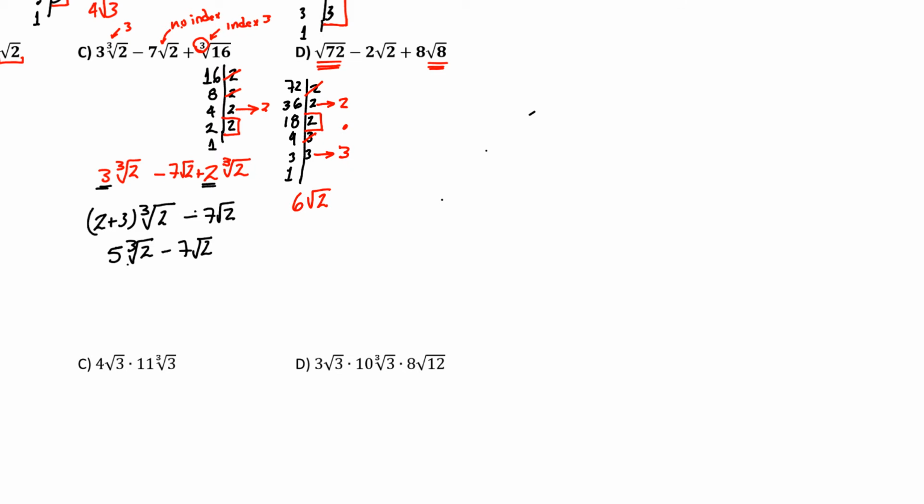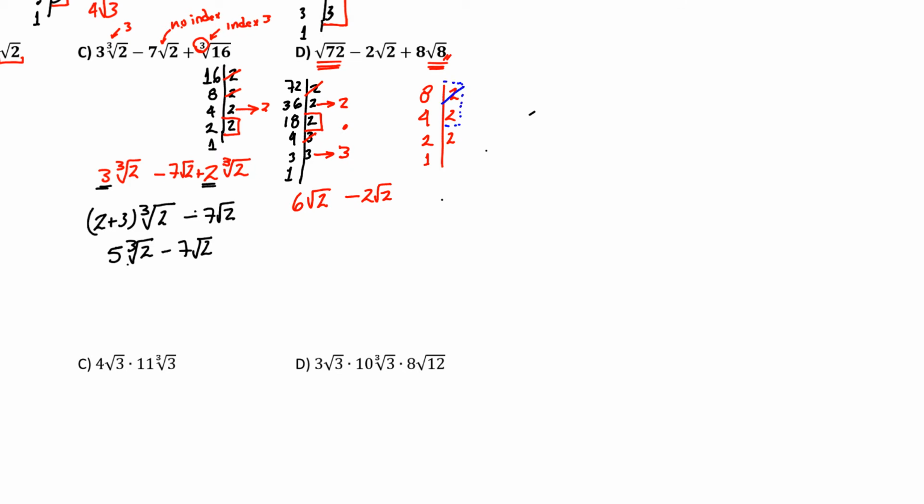Now 2 square root of 2 we cannot simplify, so we have to leave it alone. But we can simplify the square root of 8. You're going to have 8, and we're going to start by dividing by 2. Like before, you have to remember that for every 2, only 1 goes out.